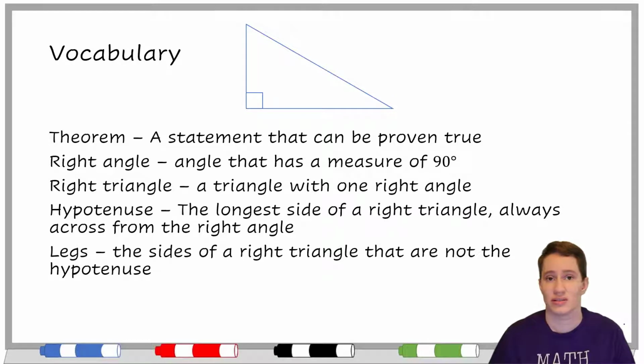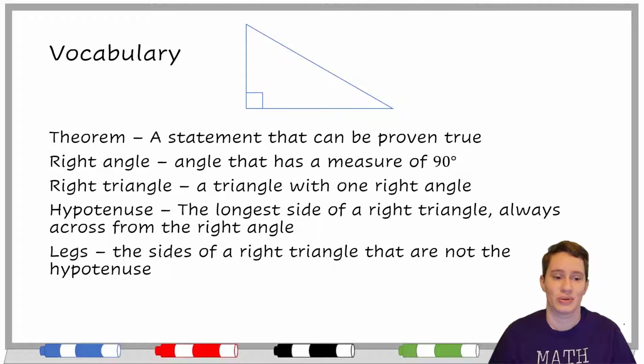There are lots of theorems, and this is going to be one that we look at today, so get excited. This theorem has to do with right angles, right triangles, and the parts of a right triangle. Hopefully these are things you've seen before.